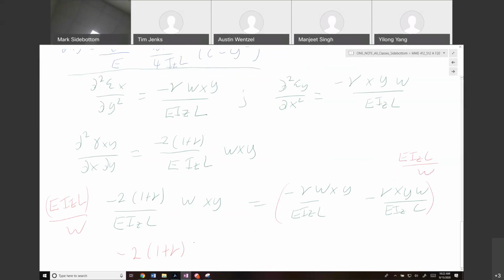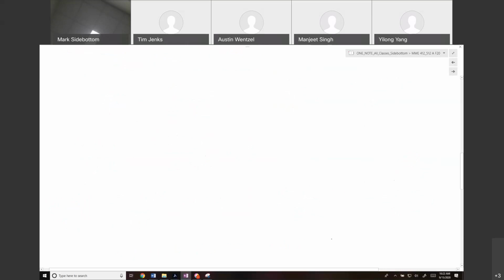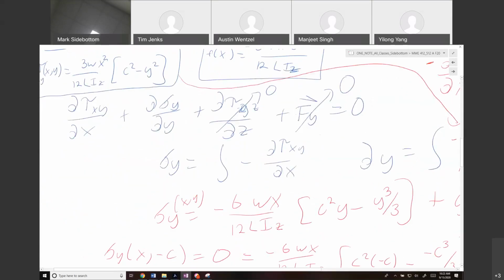So we end up getting minus 2 times 1 plus the Poisson's ratio times xy is going to be equal to minus 2 times the Poisson's ratio xy. Sorry about that.